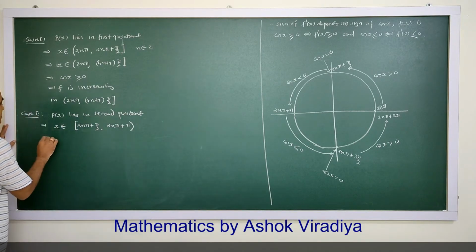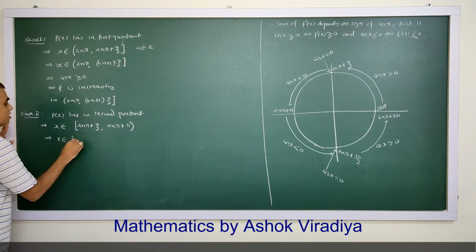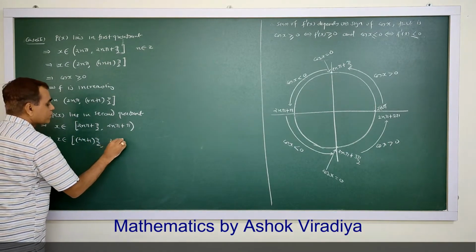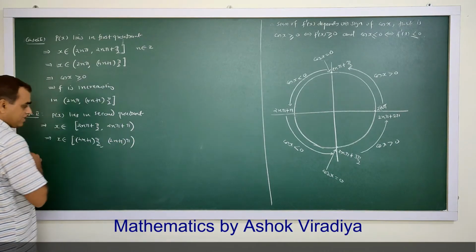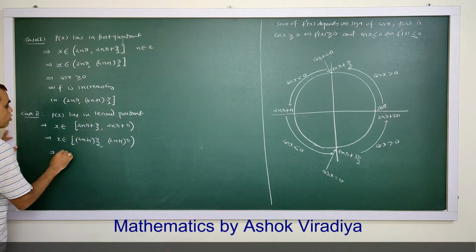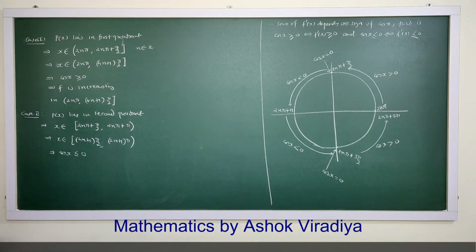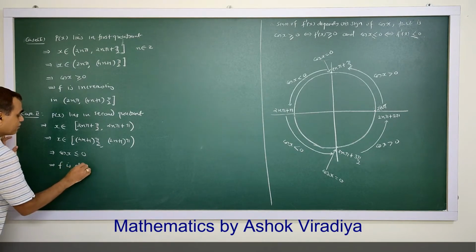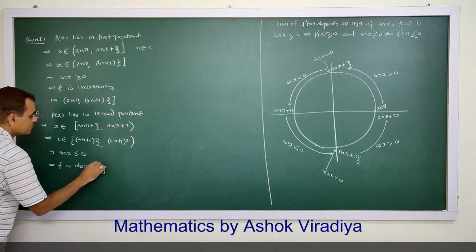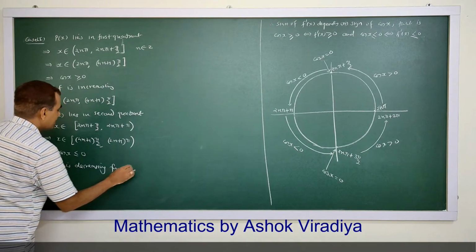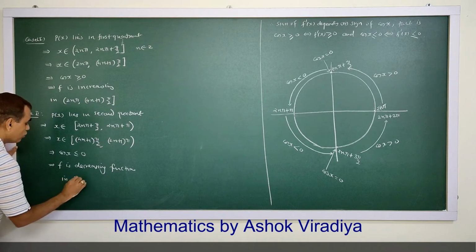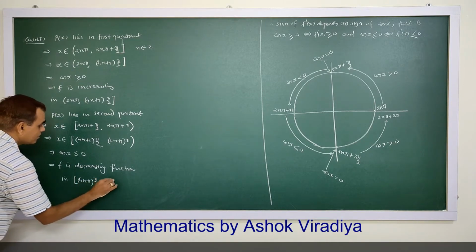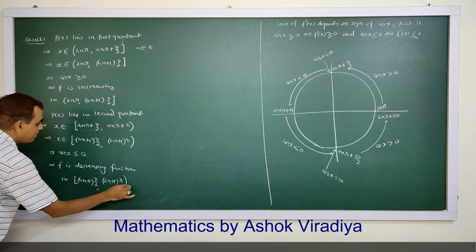So x belongs to 4n plus 1 times pi by 2, 2n plus 1 times pi, open. In this interval, cos x is less than or equal to 0, so the function is a decreasing function in the closed interval 4n plus 1 times pi by 2 comma 2n plus 1 times pi.